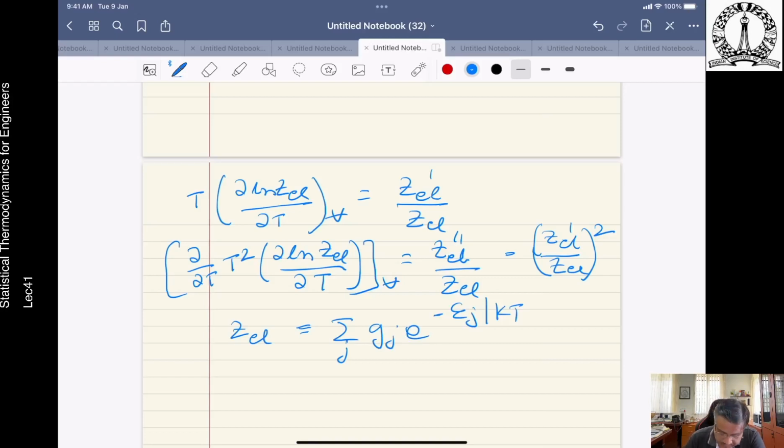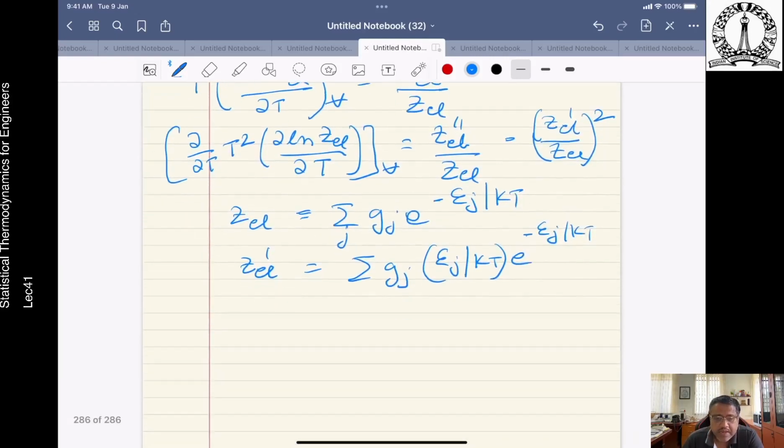So Z_el prime is equal to this. This is the differentiation, the first one. Okay. And then, of course, we differentiate it again.